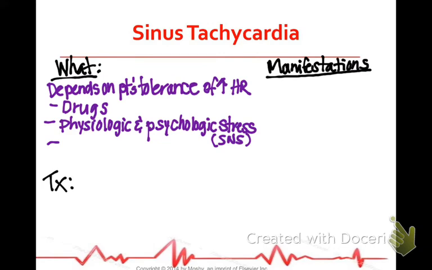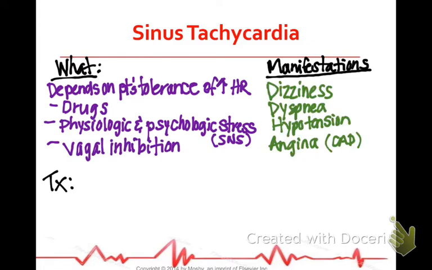So what causes it? It depends on the patient's tolerance of the heart rate, right? Sometimes drugs can cause it. Sometimes legal, sometimes illegal. Stress can cause an increased heart rate. Remember I said if you're constantly under stress, you've got a constant fight or flight, sympathetic nervous system's in overdrive.